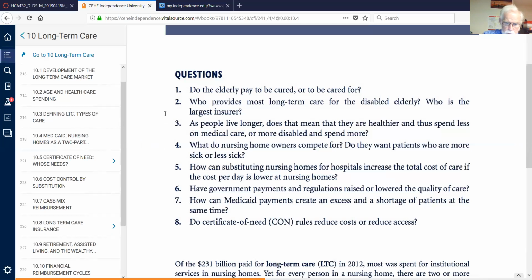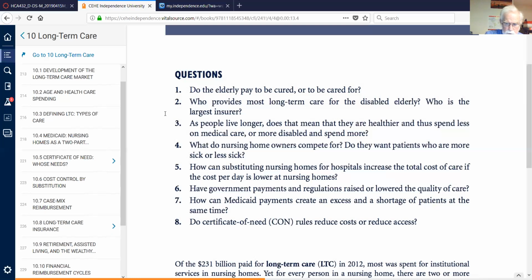How can Medicaid payments create an excess and a shortage of patients at the same time? The excess means that there are more people looking into it, and the shortage is that fewer people are actually going into the homes because there are no beds.